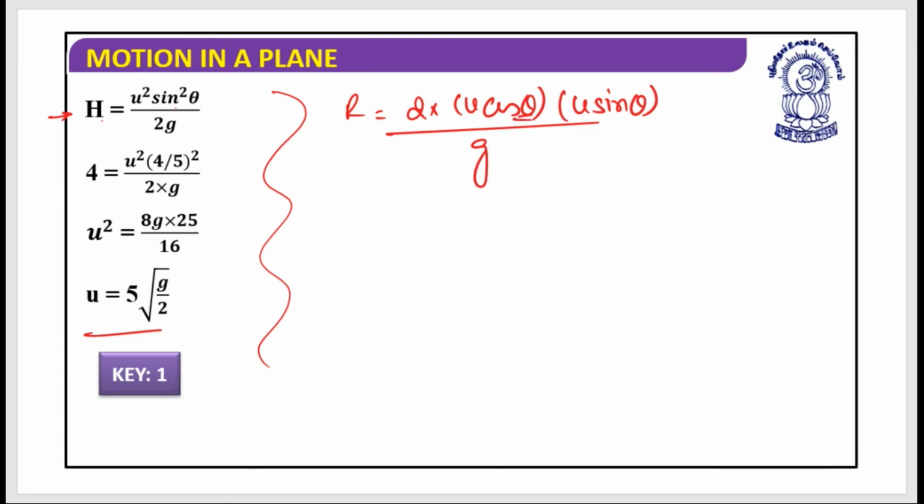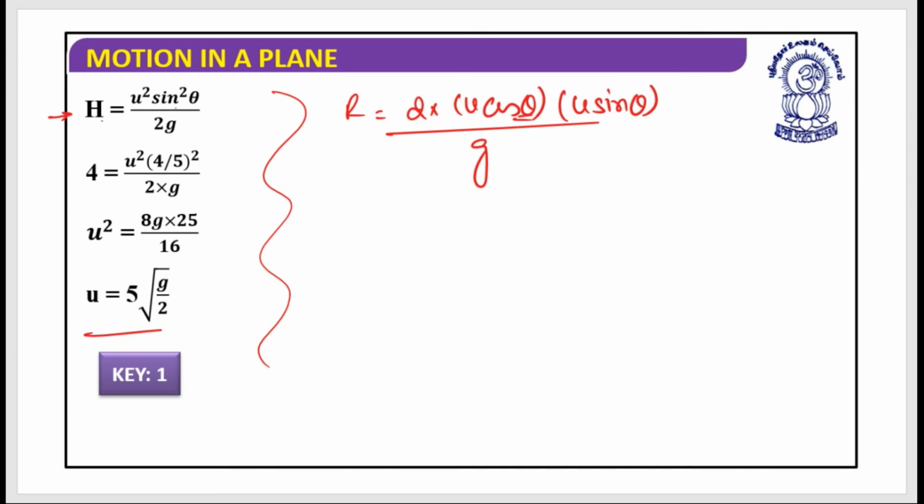You know the value of theta, so you easily know u cos theta and u sine theta, and get it done. Both options are correct, and whichever came to your mind first, you should go with it. Is it clear?